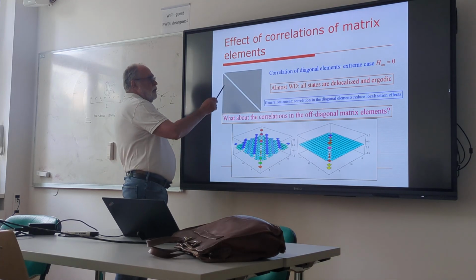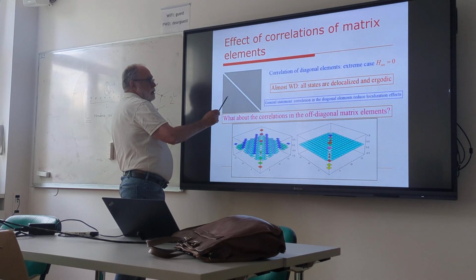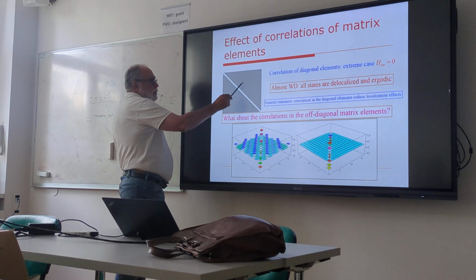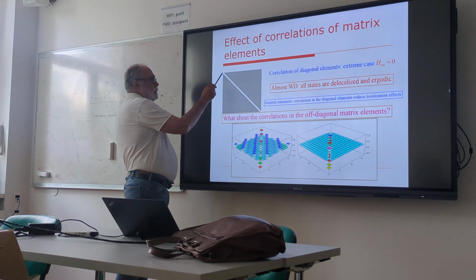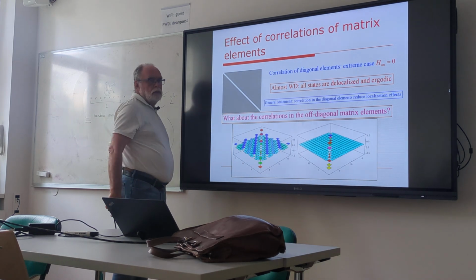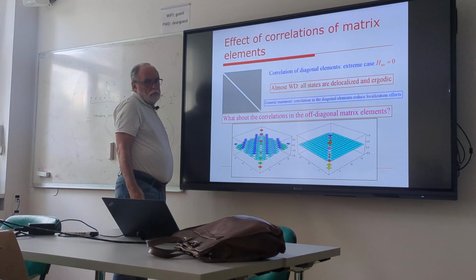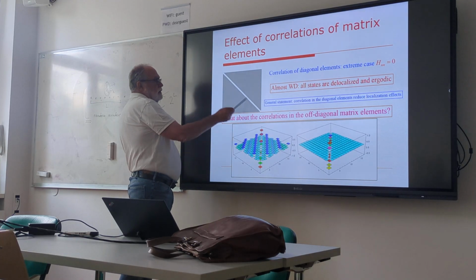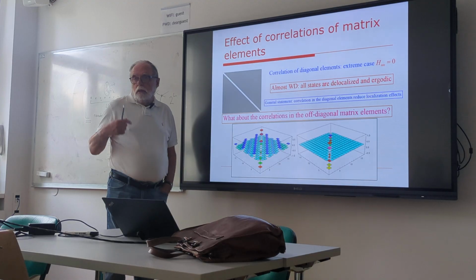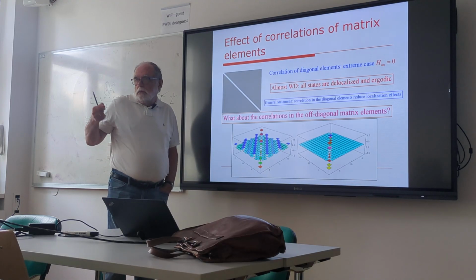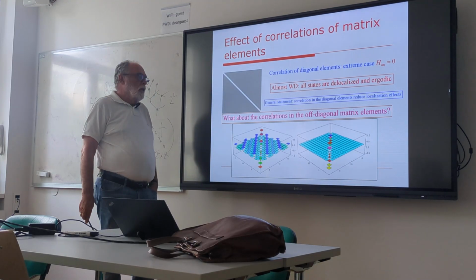anti-Rosenzweig-Porter, where we have a matrix with uncorrelated off-diagonal elements, like in Wigner-Dyson case. But all the diagonal elements are equal to 0. So what means that they are all equal to 0? This means that they are maximally correlated, because any one is 0.